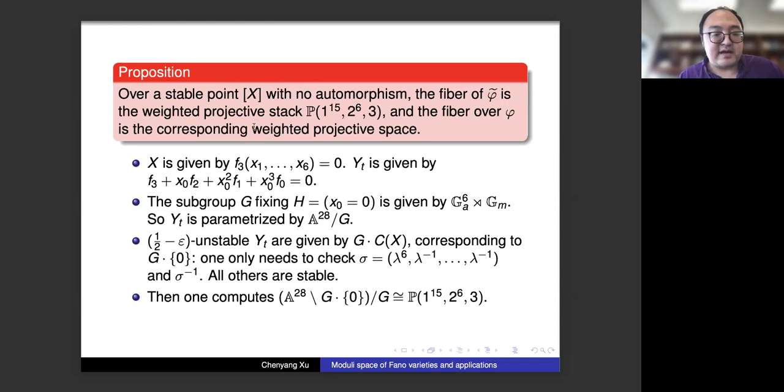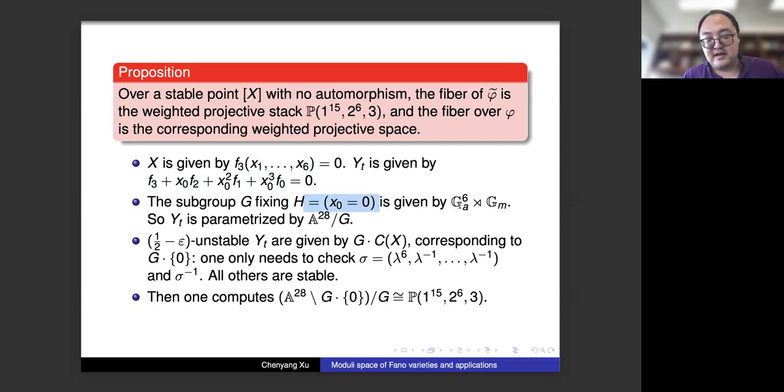So let's assume x is just given by this equation, and h is x0 equal to 0. Then, in other words, yt is just given by this equation. Now I can consider the subgroup of G which fixes x0.